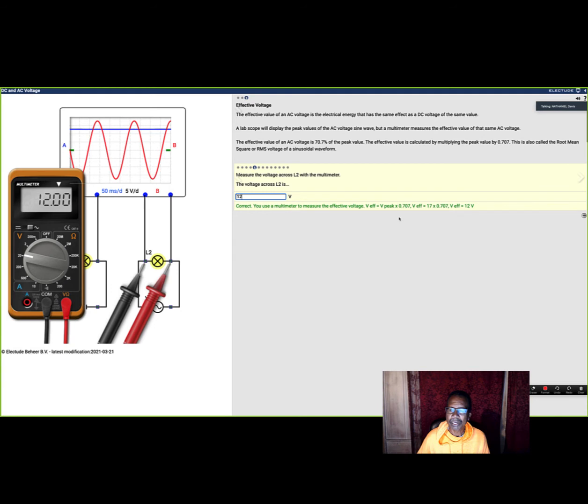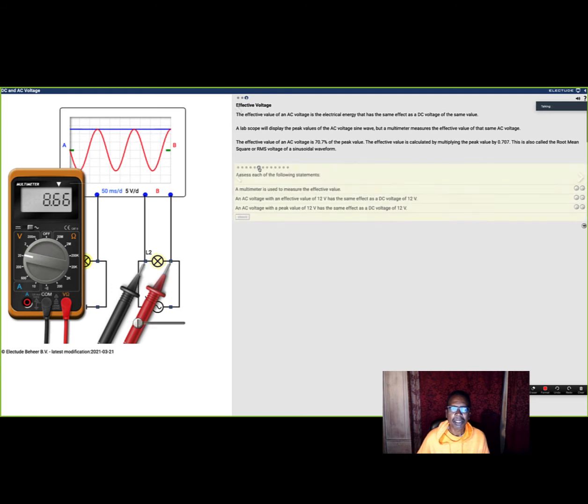I give you the formula right here. It's the same formula. Number 6. A multimeter is used to measure the effective value. Yes or no?